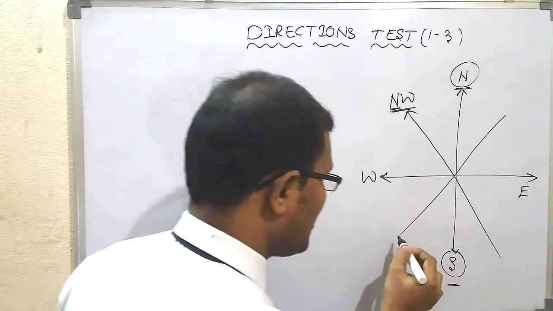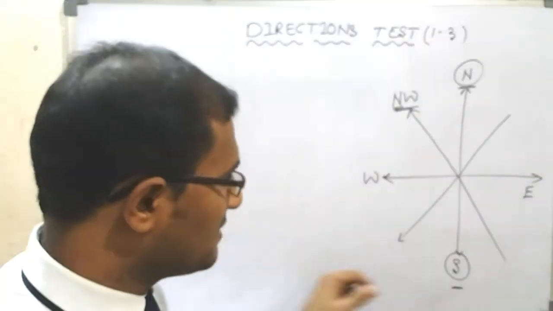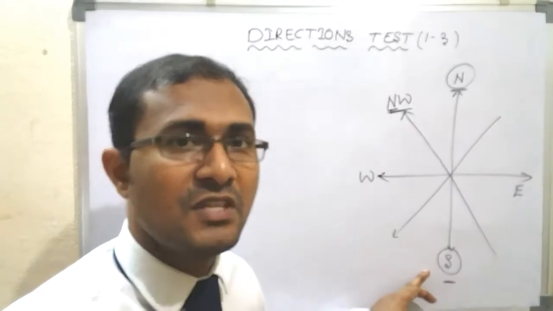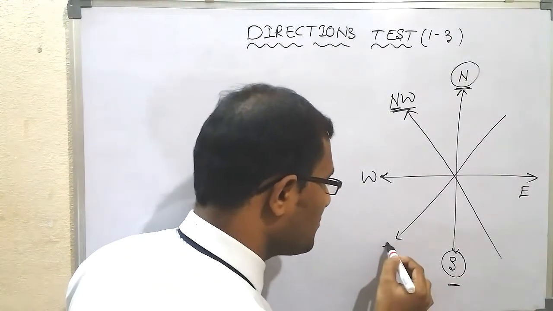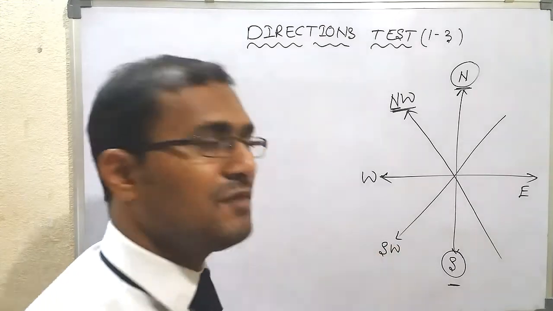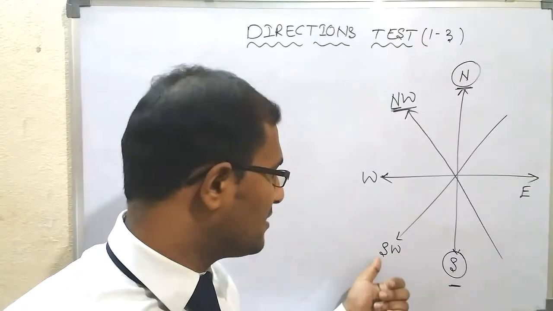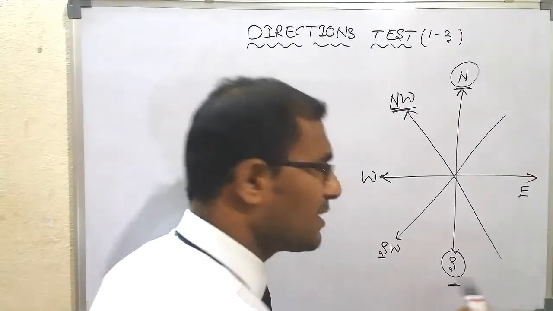Now let us see this line. As this line is in between west and south, the name should be southwest, it cannot be west south. Why? The name has to start with the pole name first.